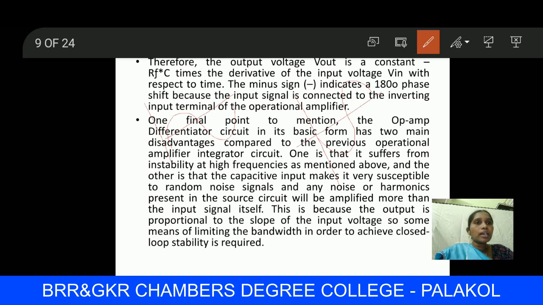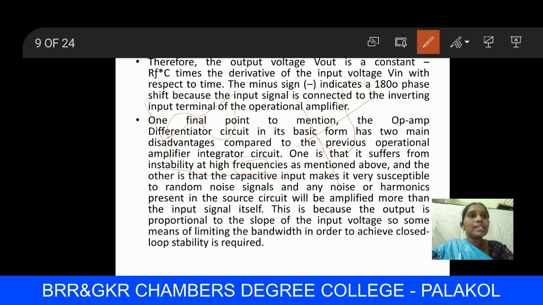Okay, so these are the two drawbacks appearing in the integrating circuit, sorry, not the integrating circuit, in the differentiating circuit. Those two drawbacks are, first, it suffers from instability at high frequencies. That means the stability is not there at high frequencies.